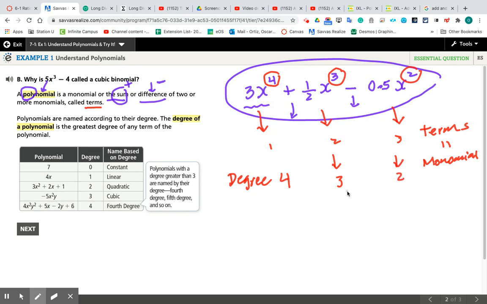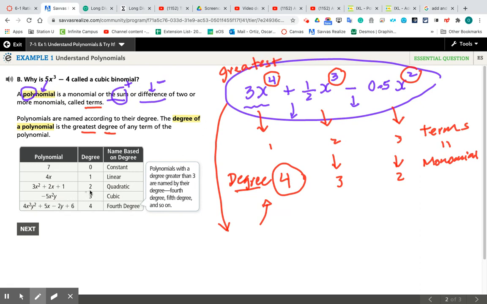So which one of those do we take as the degree of the whole polynomial? Well, we take the greatest, okay? That's what is called the greatest degree. So we say that this polynomial here, the whole thing, has degree 4, okay? Because this is the greatest degree.